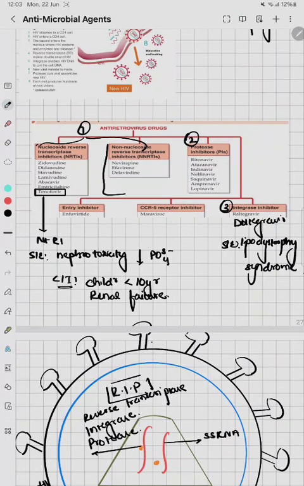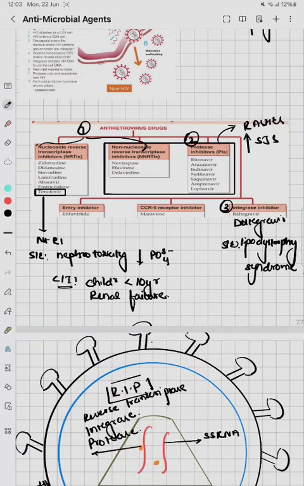For NNRTIs and protease inhibitors, the common side effects are rashes and increased risk of Stevens-Johnson syndrome. Now there are very drug-specific side effects that you can find in your textbook. It's basically an exercise of memory, for that matter.